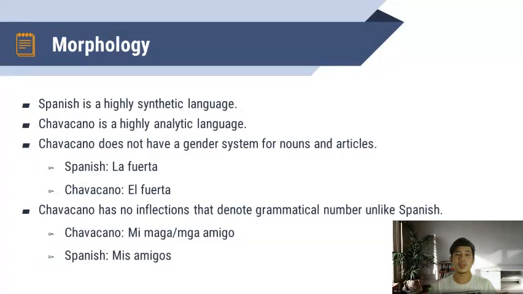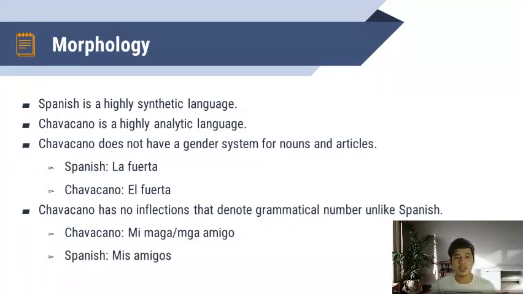In other words, nouns in the Chavacano language do not have a gender equivalent or gender system. These are just words that do not actually denote anything about gender.